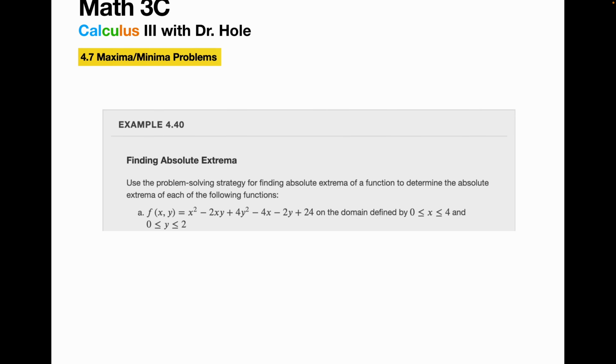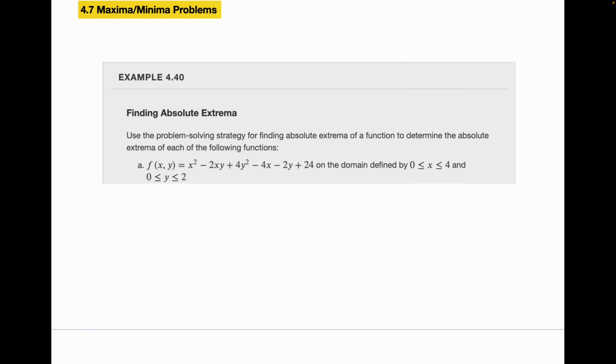Now this can be somewhat tedious. To see how tedious it is, I strongly encourage you to read example 4.40, where they're looking for the absolute min and max of this function, a nice function, on a nice rectangle. x is from 0 to 4, y is from 0 to 2.